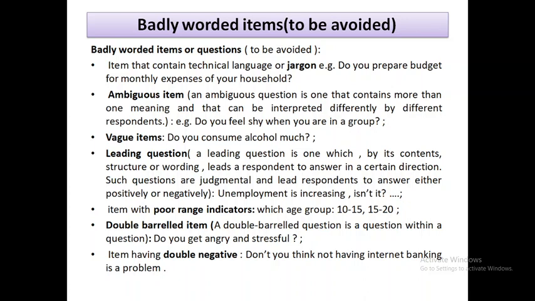So there should be some measurement scale, or some other words or aspects stated in the questionnaire, and on that basis shyness should be measured. So ambiguous items also need to be avoided.